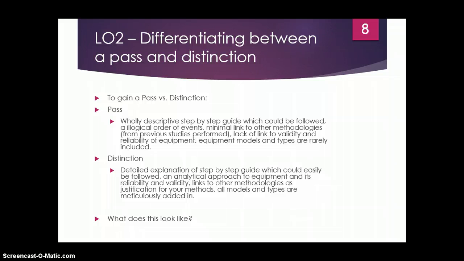Okay, so for a pass, I would expect to see something that's wholly descriptive in terms of your step-by-step guide, and the logical order of events, minimal links to other methodologies from your previous studies. So you've obviously written a literature review, and you'll have based your methodology on something similar to a previous study. So linking that into your methodology is going to be good for justification. But if you haven't done that very often, then that will be knocking your grade down.